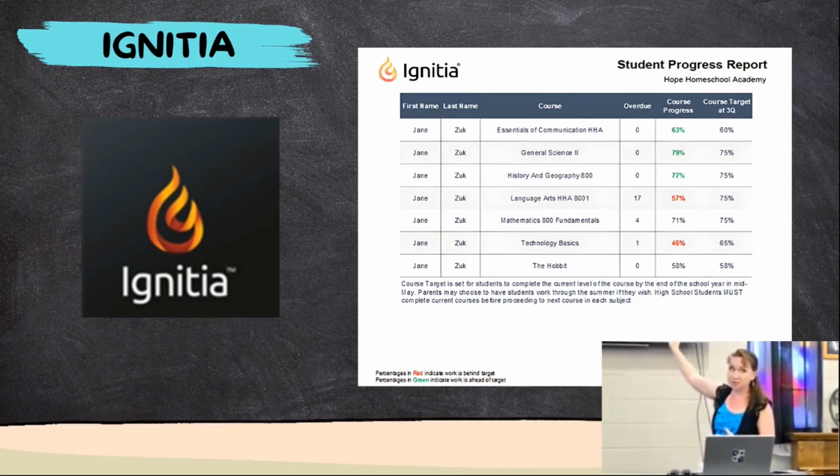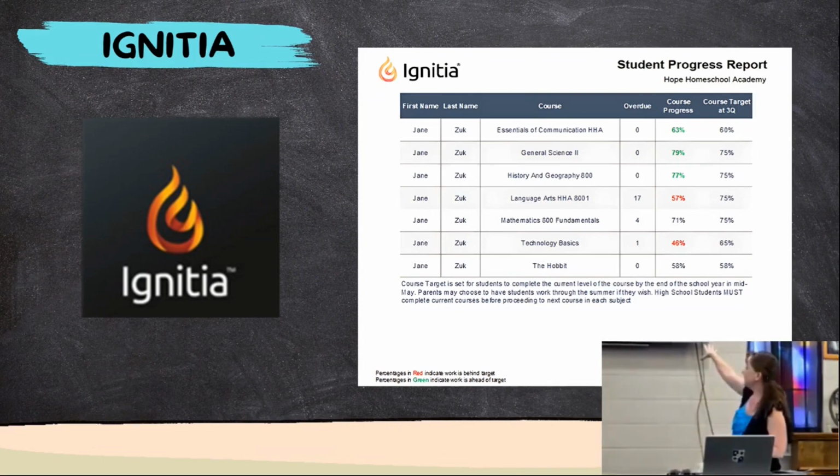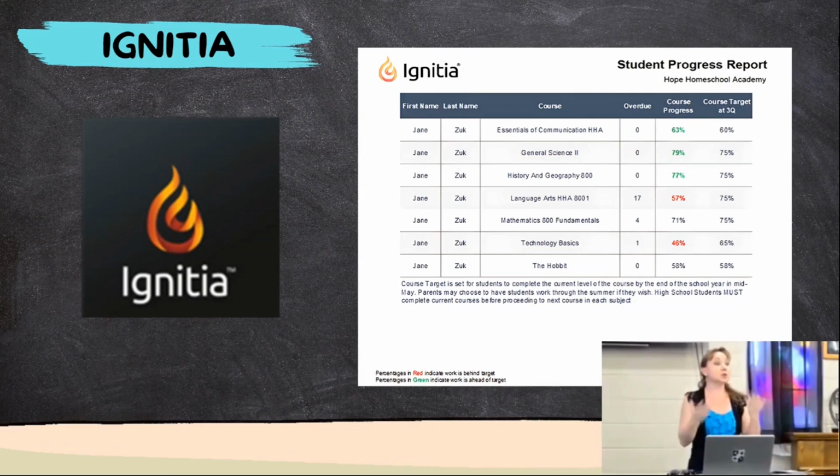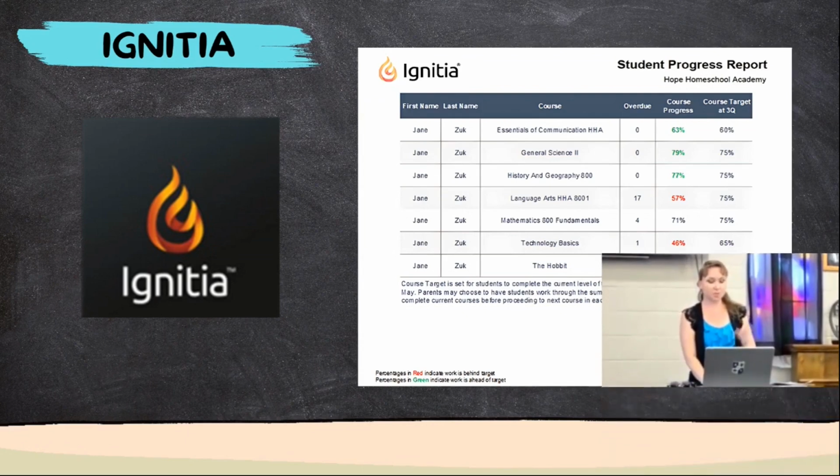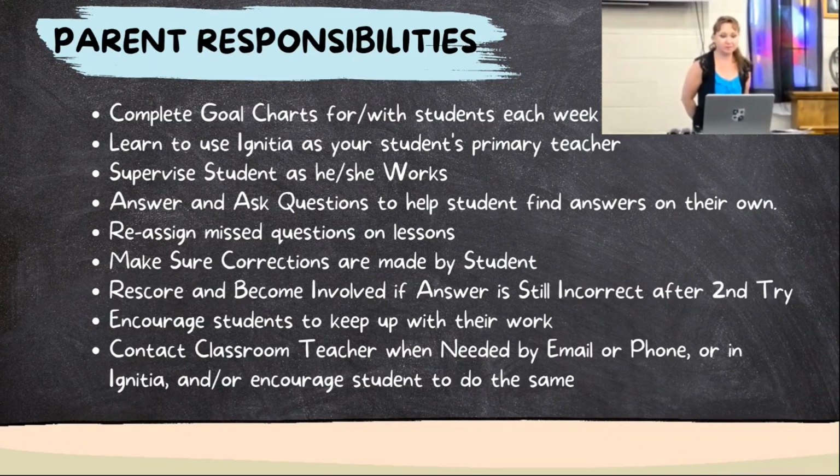But if you want your student to be finished with their high school credit by May, this is your target, and this is where they actually are. And if you want your student to get caught up, we're going to spend those 3 weeks sitting on top of them and making sure that they're working. And if anybody ever has any questions about this, just let me know, but you'll get one of these every quarter to know where your students are at. Okay.